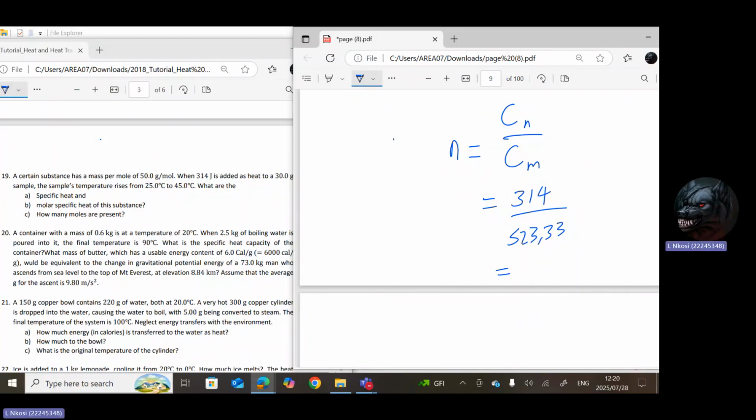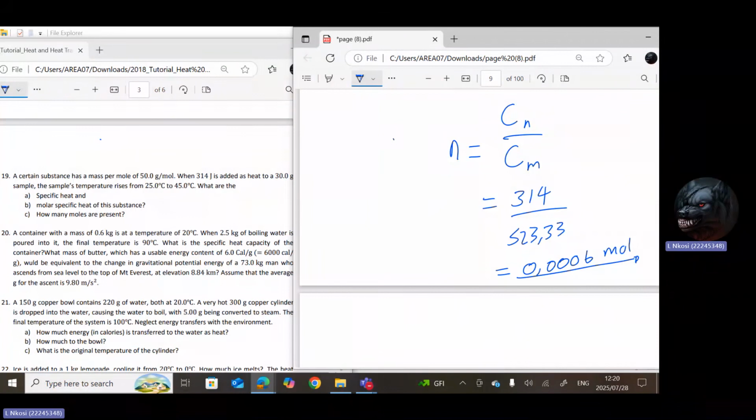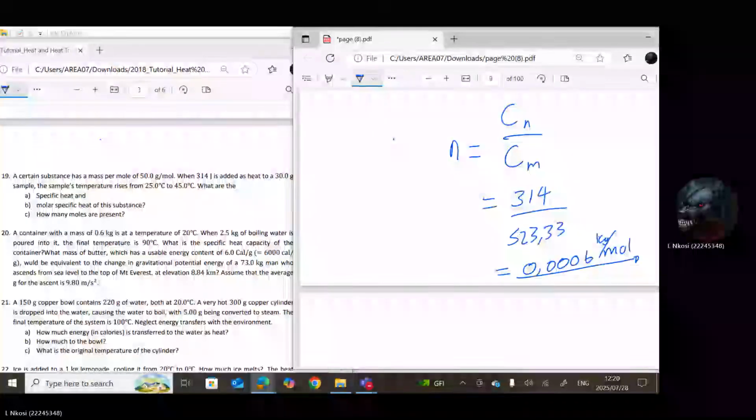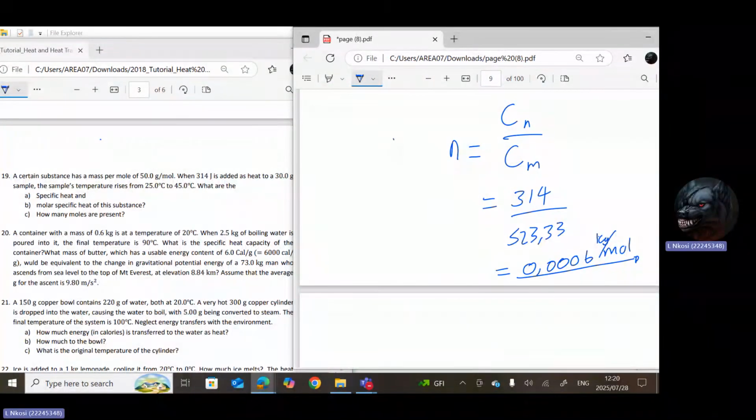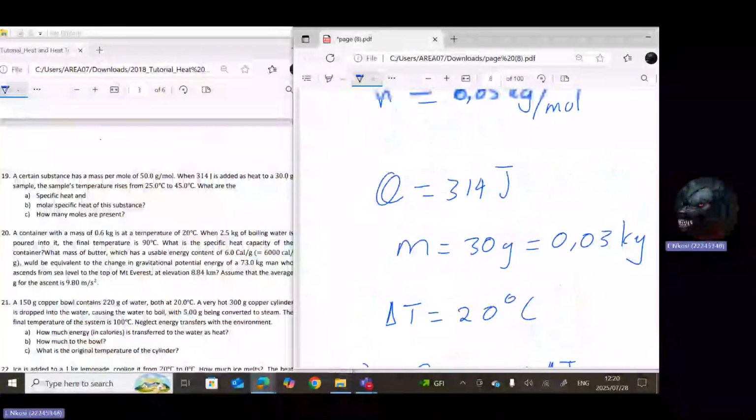So it's 0.0006 moles. But the units more specifically would be kilograms per mole. Yes, kilograms per mole.